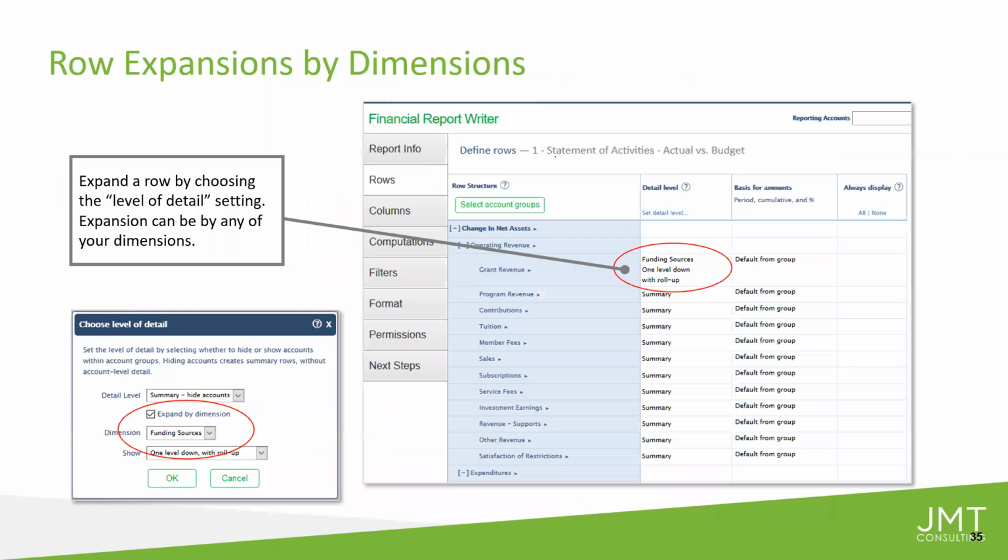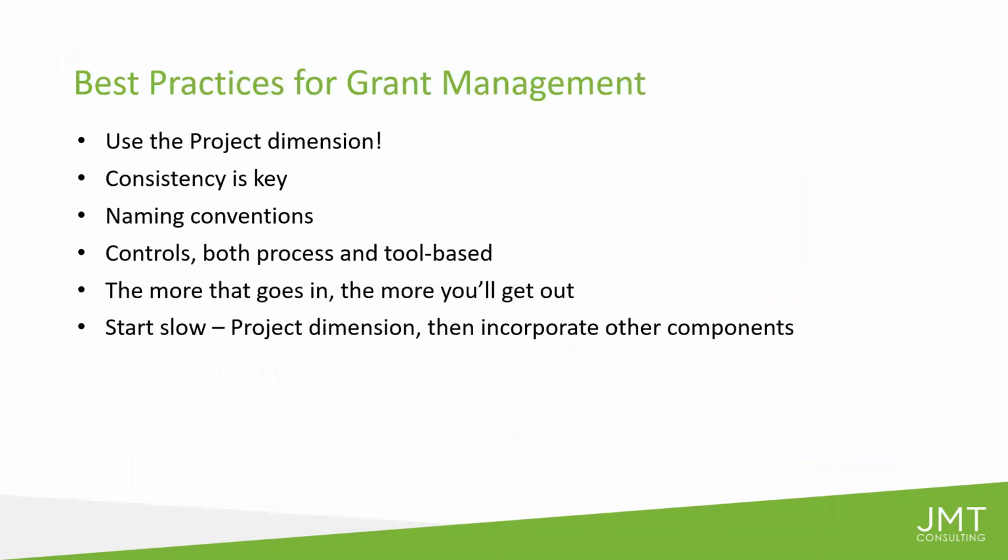Then I'm going to hop back up to before those slides. So best practices are to use the project dimension or grant. Naming conventions, make sure that those naming conventions are good. You saw how I had some that were task-oriented and some that were not. The more that you put into it, the more that you're going to get out of it.